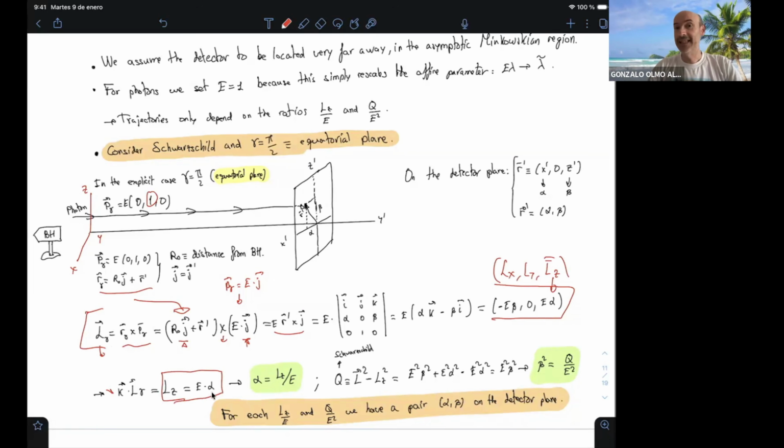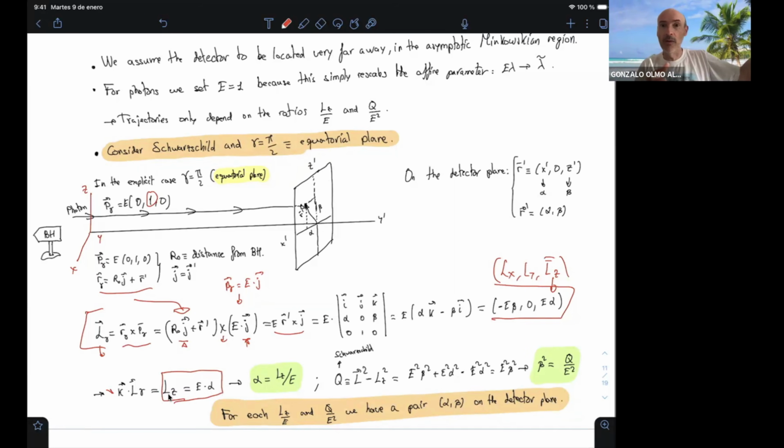This is very interesting because now we have a direct correspondence between the location of the pixel on the detector plane and the azimuthal angular momentum. So if I choose a given alpha, I have the Lz defined. It could be the other way around, obviously, but for me, it's easier to play with the detector.